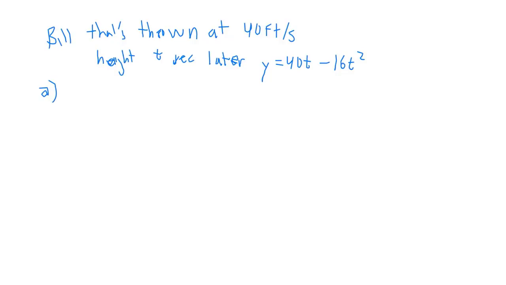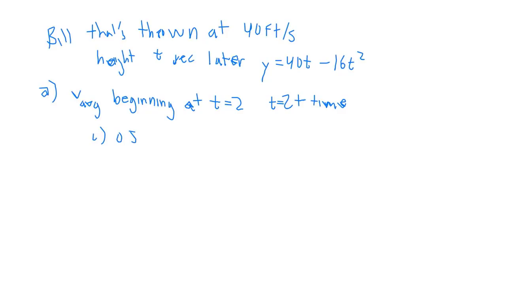So when they ask you for the average velocity beginning at t equals 2, what they're saying is that you plug in a value of t equals 2 plus some time, which would be in the form of 0.5 seconds.